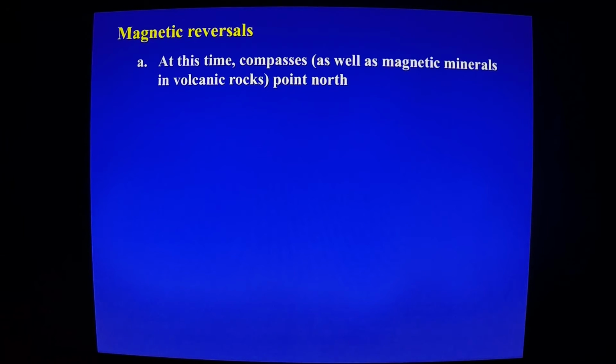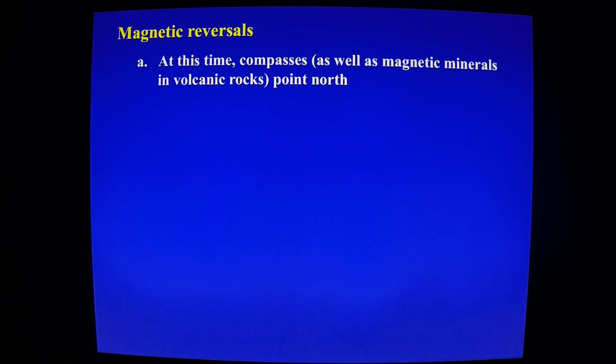Well, if you take out a compass now, which direction is it going to point? Well, it points north, and it has through your whole life, through my whole life. What you might not know is that lava flows from just about every volcano on Earth have little tiny magnetic minerals in the lava called magnetite, and when they come out on the Earth's surface, they feel the Earth's magnetic field as well.